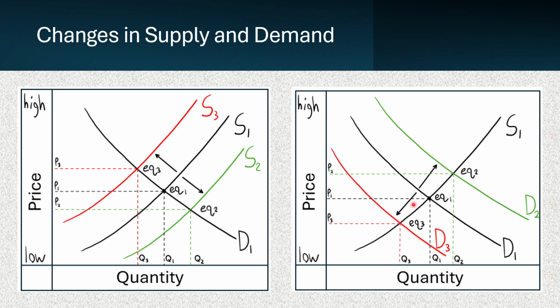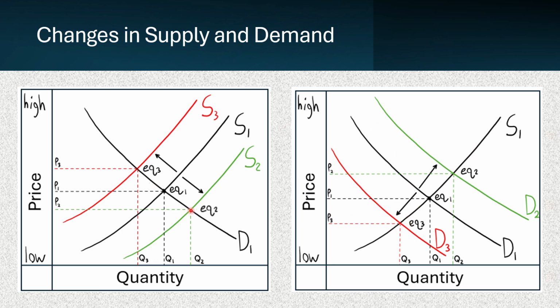And on the other side, with shifts in demand, if something is demanded more, the price will go up. If something is demanded less, the price will go down. Because if you think about it, if something has more demand, then there are more consumers who are able and willing to pay that higher price for something, whereas if something is barely demanded, then those same suppliers will have to lower their prices just to sell the products off their shelves.